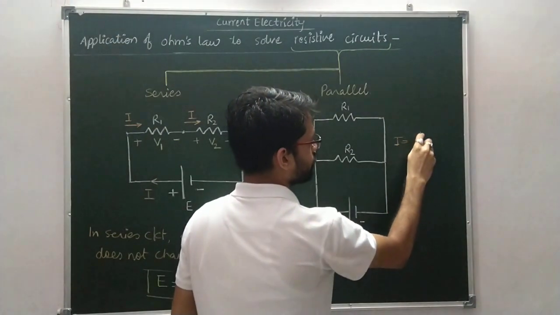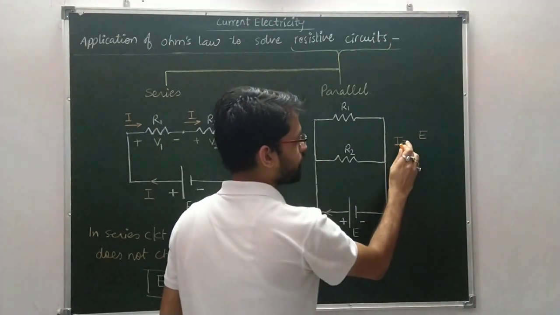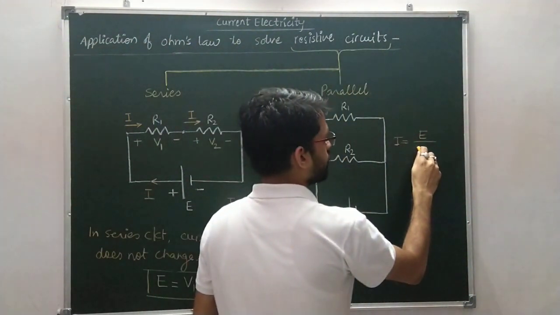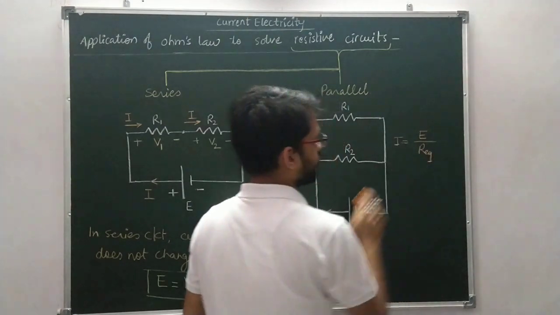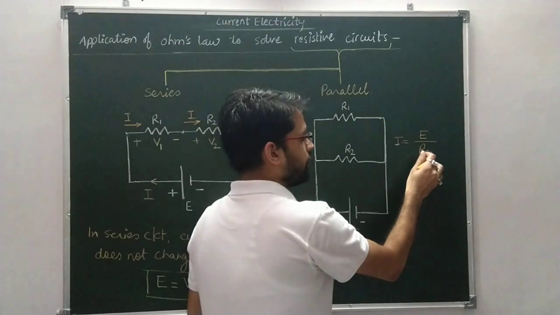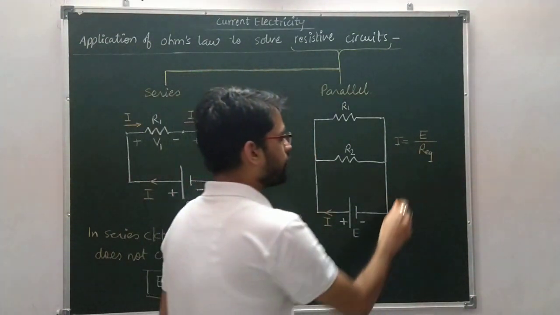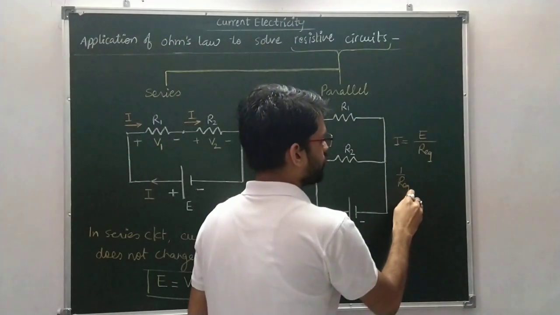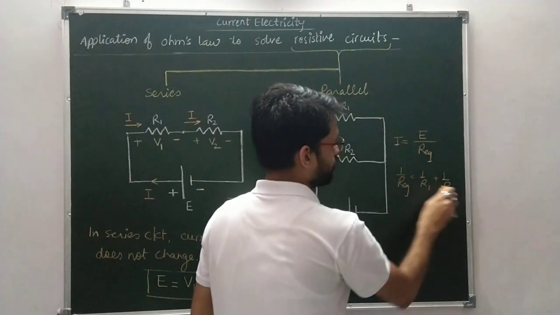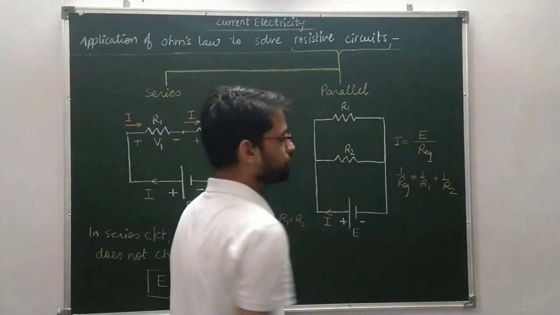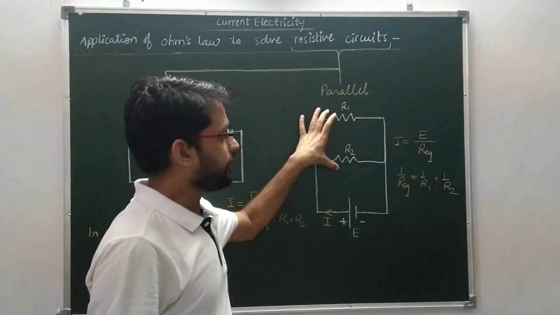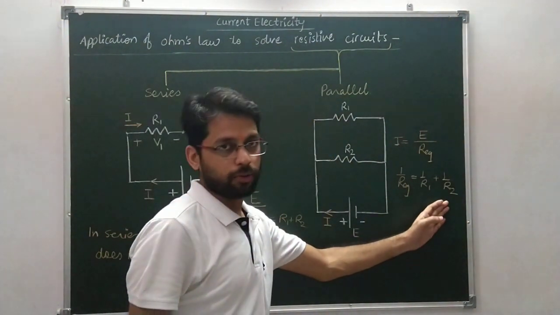I is equals to the EMF of the cell divided by the equivalent resistance of the resistive network or resistive circuit. And here the equivalent resistance is given by 1 upon Req is equals to 1 upon R1 plus 1 upon R2. Because the resistors are connected in parallel and their parallel equivalent is given by this formula.